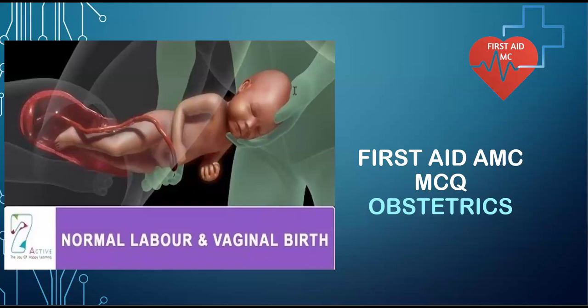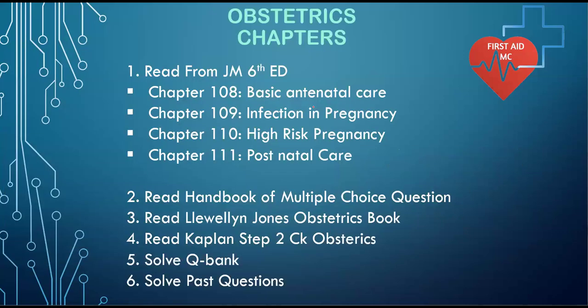Okay, so for obstetrics, we will come to this video later on. The chapters that we are going to go through for obstetrics are mainly from John Murtagh, and there are a few other things that we go through. Now, John Murtagh's 7th and 8th edition does not have enough topics related to obstetrics.